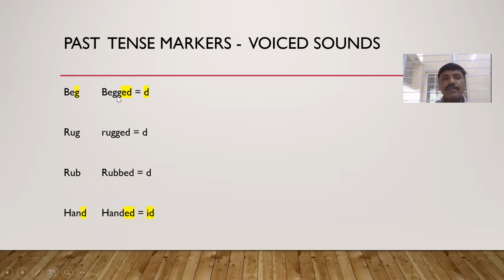There's no gap here if you observe, g and d, begged. Similarly, it is rugged and rubbed. But an exception is if it ends with d, which is also a voiced sound. It should be pronounced as id: handed. So begged, rugged, rubbed, but handed.